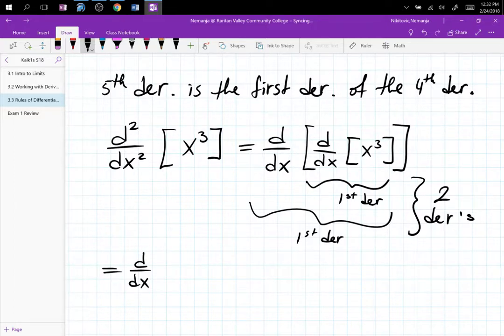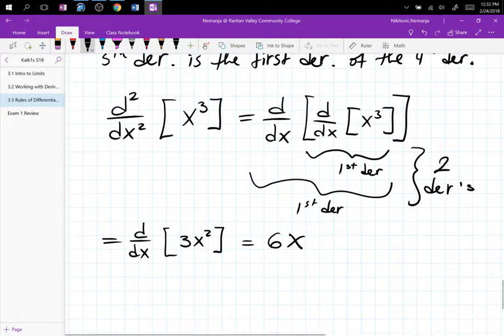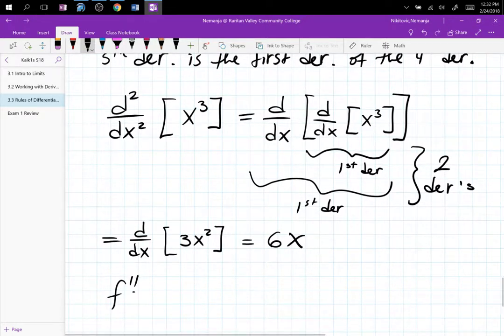And what's the derivative of this thingy? 3x squared, using our power formula, right, where n goes down, and then 3 minus 1 is 2. All right, cool. And now I have to take the first derivative of the first derivative, which is 6x. So you can write that the second derivative is 6x in this case.